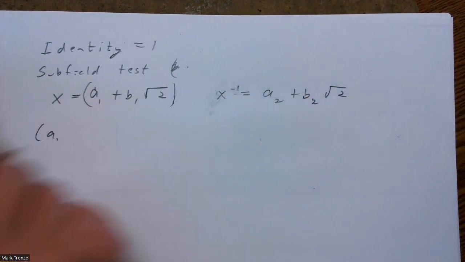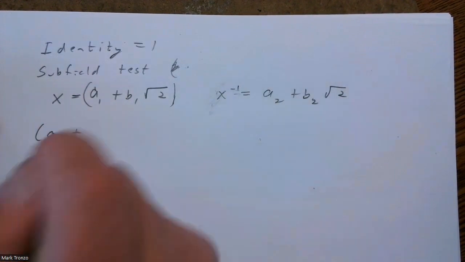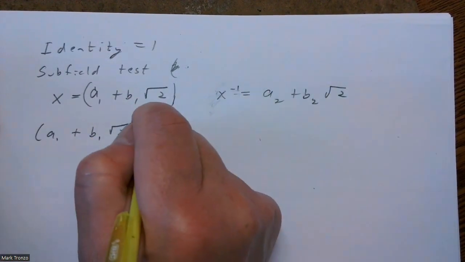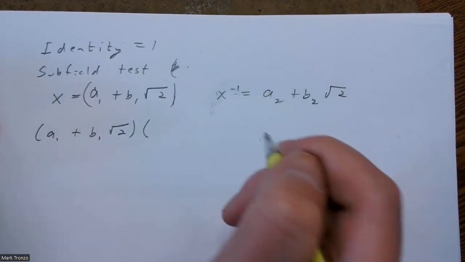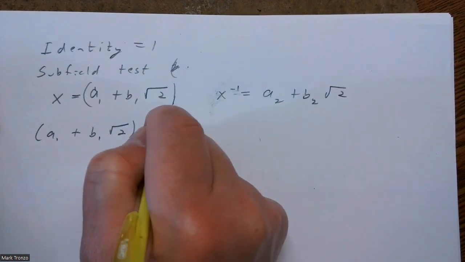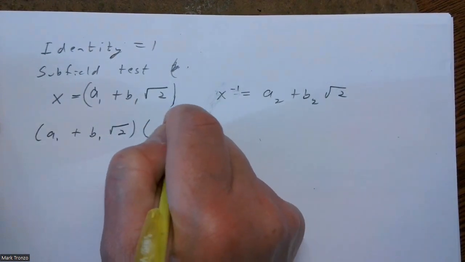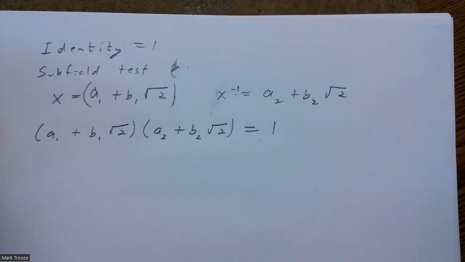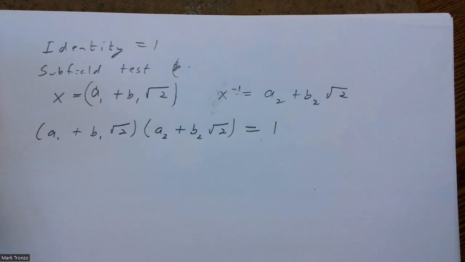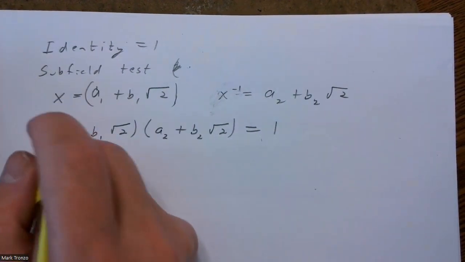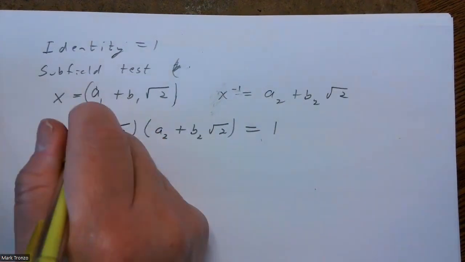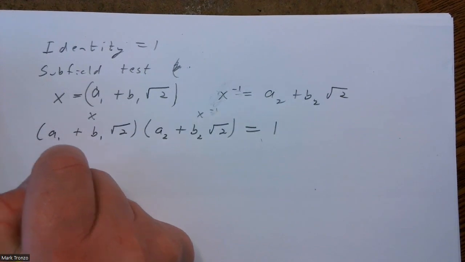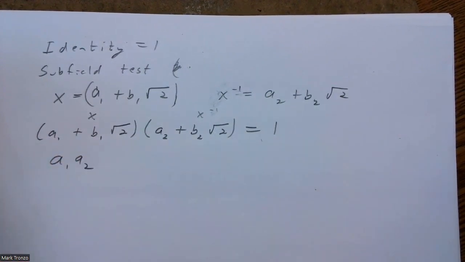So the question is, can we find something that when we multiply these two together, we will get 1 here? Just think about this. So in other words, this would be like our x and x inverse. So let's go through and multiply these out.